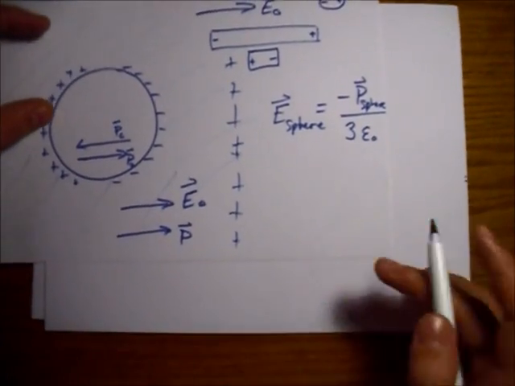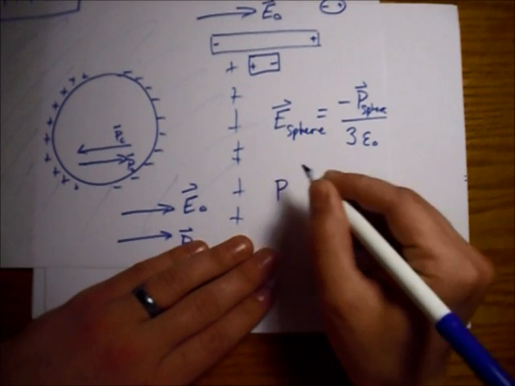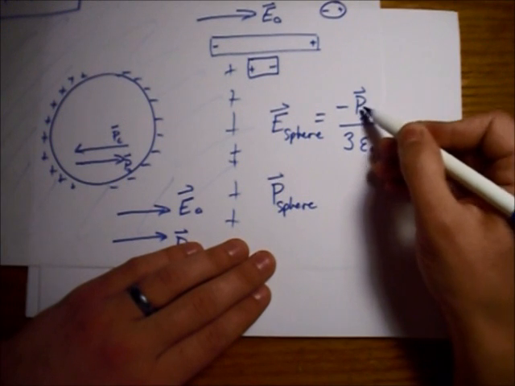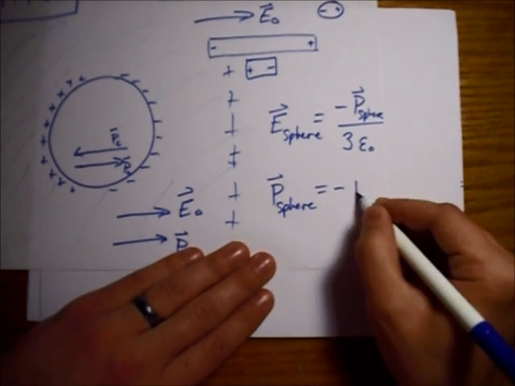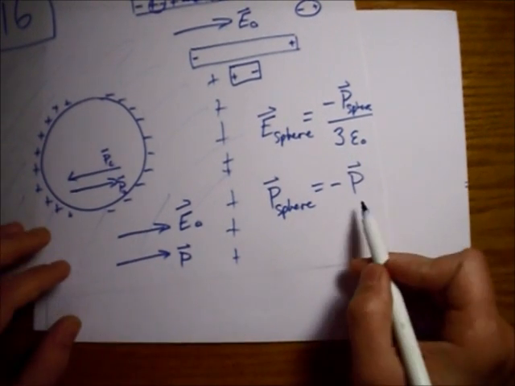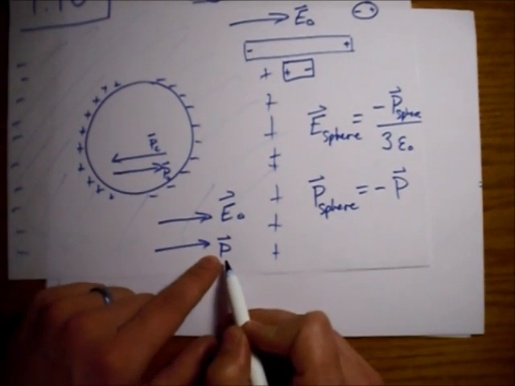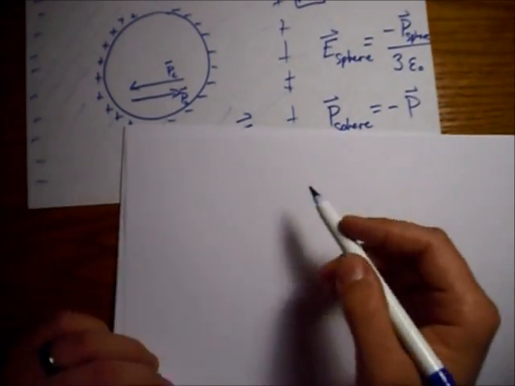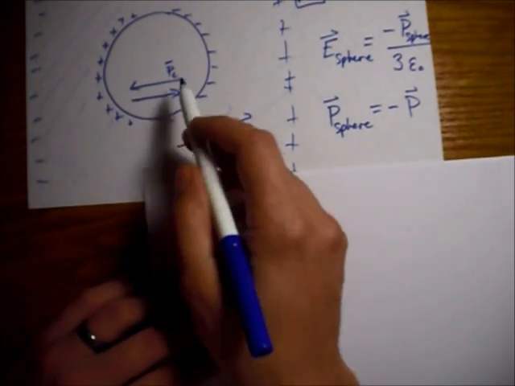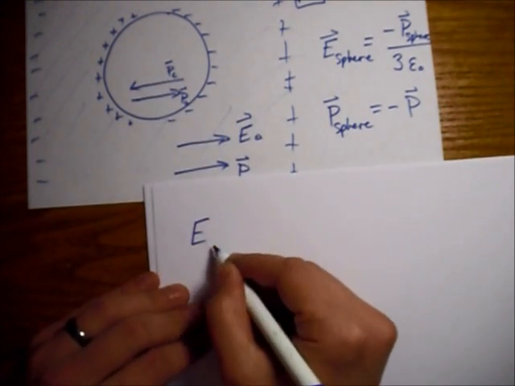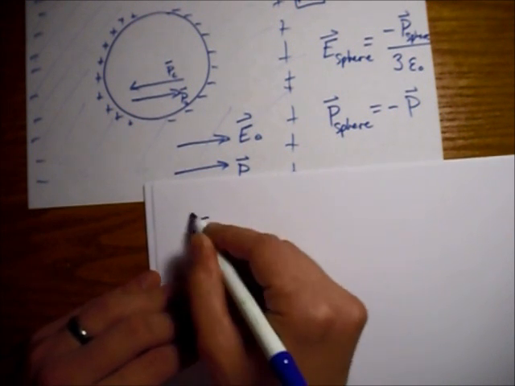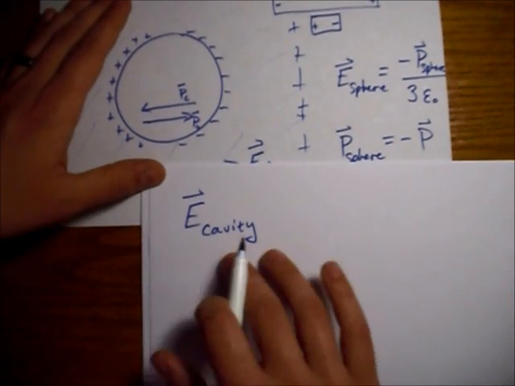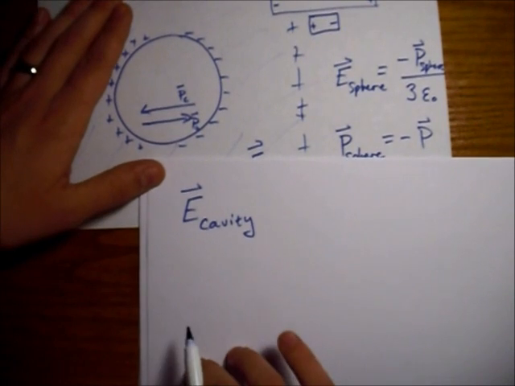So that just tells us that this polarization of the sphere, which is also in this equation here, is actually minus the polarization which is in the dielectric surrounding the cavity. So now if we want to know the electric field inside this cavity, which, remember, is the actual question that Griffiths is asking, well, first we'll find the electric field, then the electric displacement.